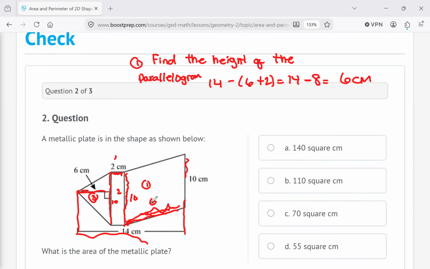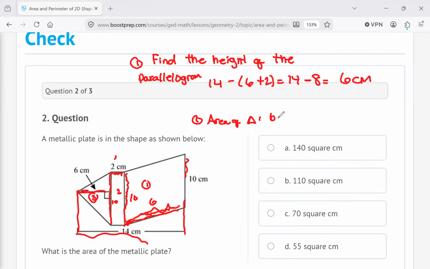Now we can find the area of each shape and then add them up to find the total area, right? So let's start with the triangle here, shape 3. So find the area of a triangle. What is the area of a triangle?